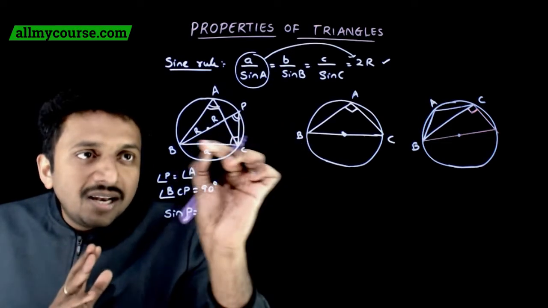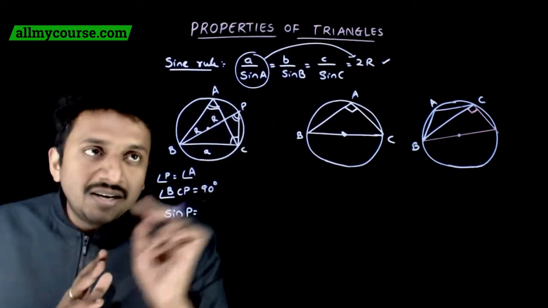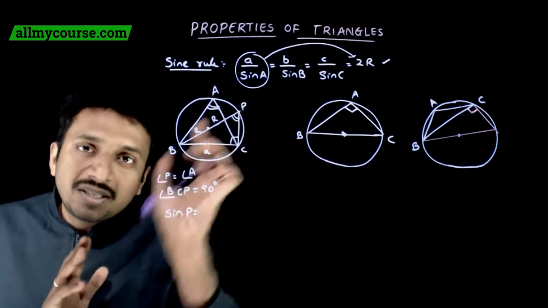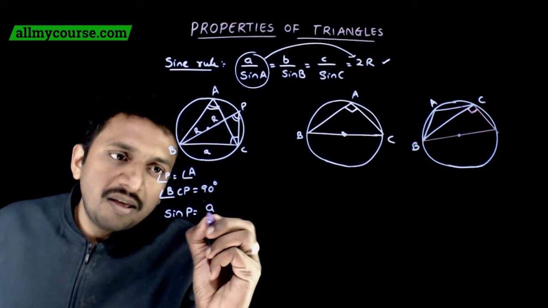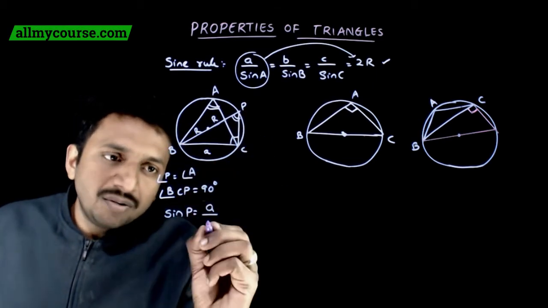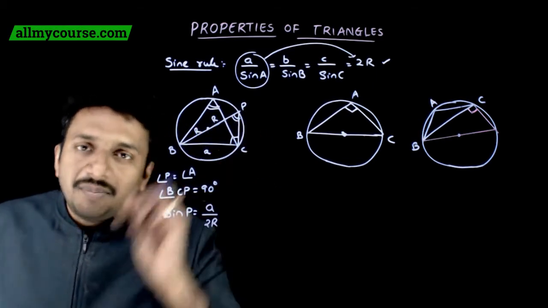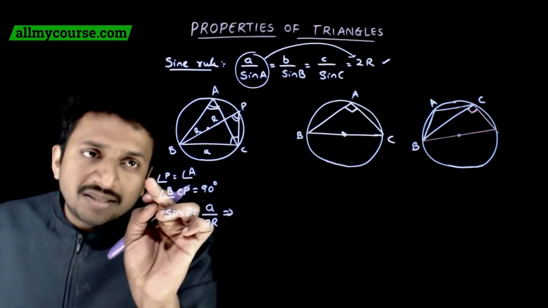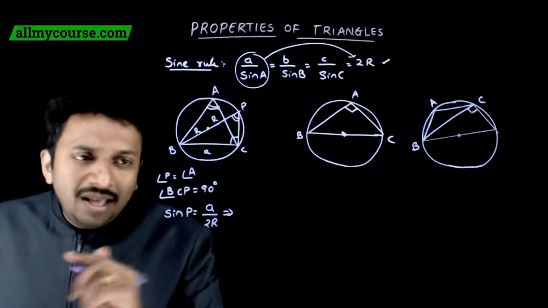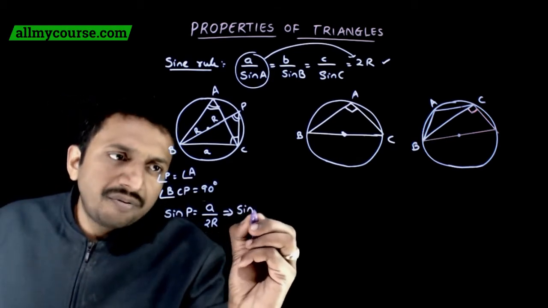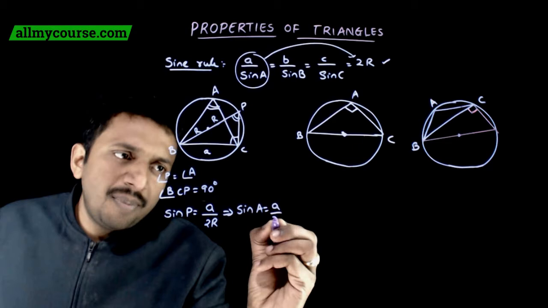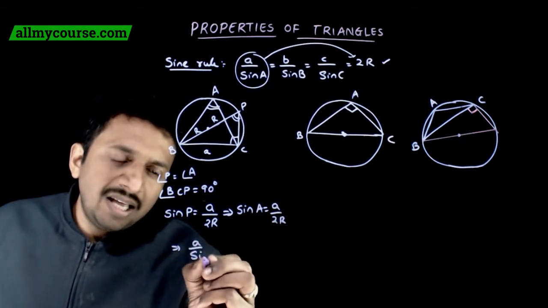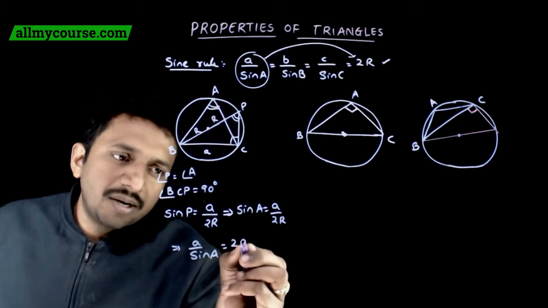So in this triangle BCP, which is a right angle triangle, BP is the hypotenuse, a is the opposite side to P. So sine P is a by the hypotenuse, which is 2R, the diameter. And since angle P is exactly equal to angle A, sine of A is equal to a by 2R. This implies a by sine A is equal to 2R.